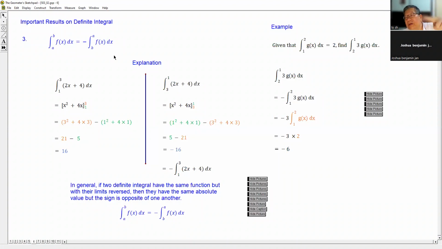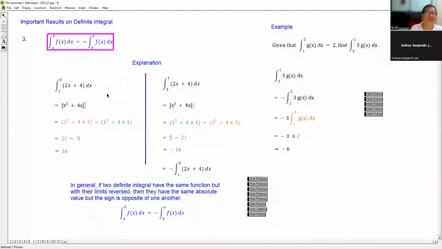You flip the upper and lower limit. If you flip, then you will get a negative answer. That's why there's always an extra negative sign here.